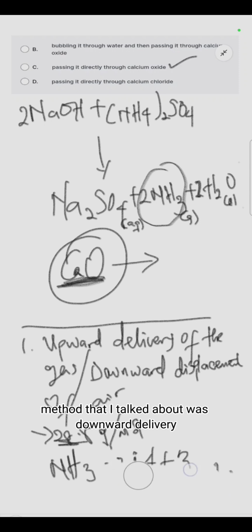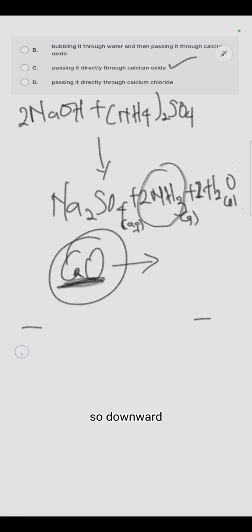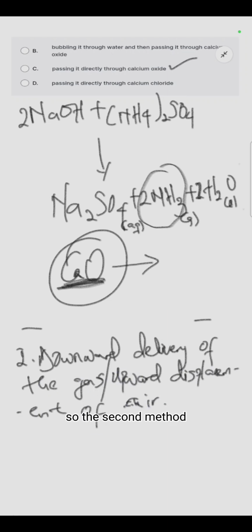The second method that I talked about is downward delivery of the gas or upward displacement of air. So definitely, what is this going to be? It means it's going to be for gases that are more dense than air.